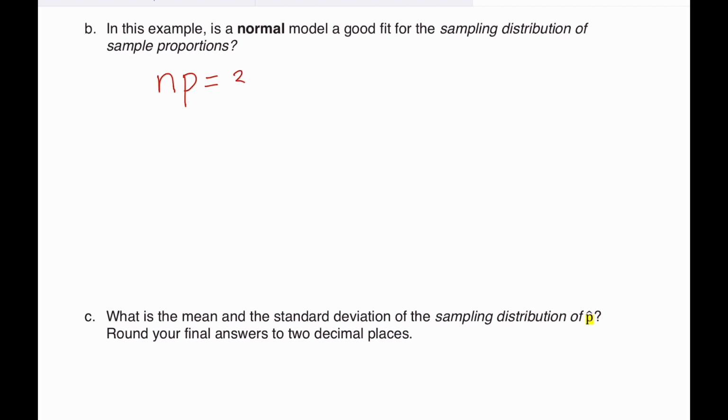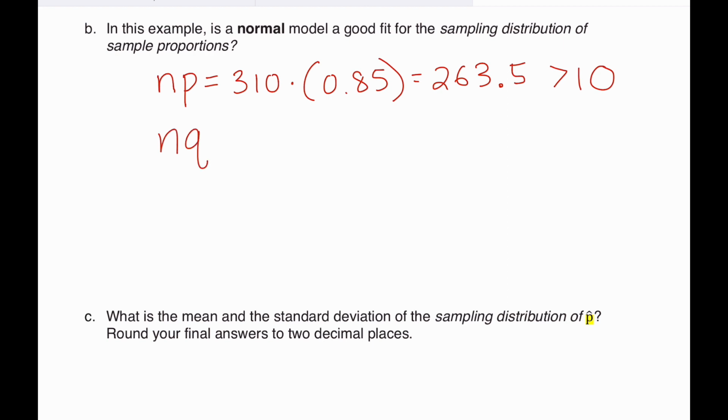And in this case, we have 310 times 85%, and that gives me 263.5. That is definitely larger than 10. And we're also going to check that nq is greater than 10.